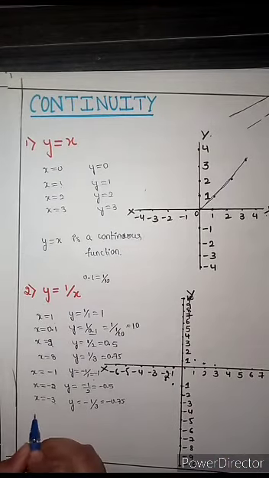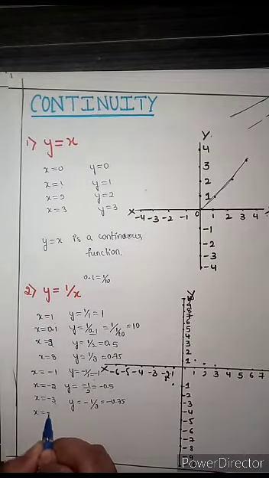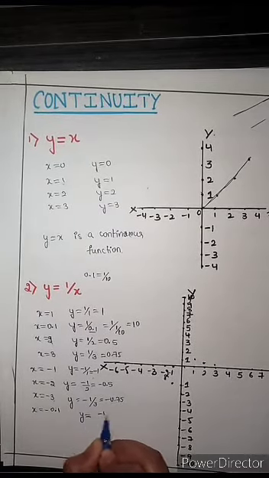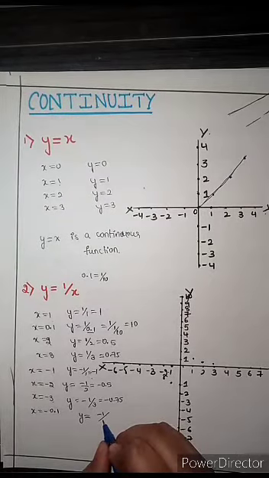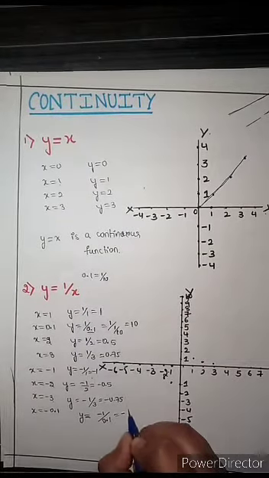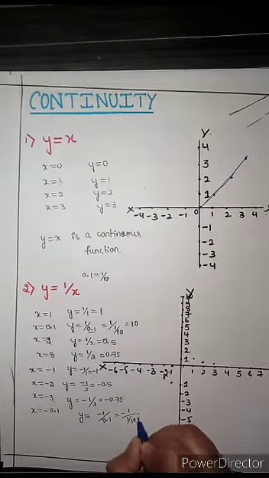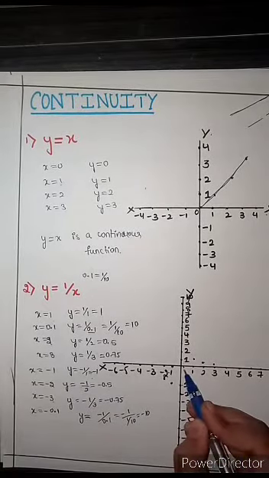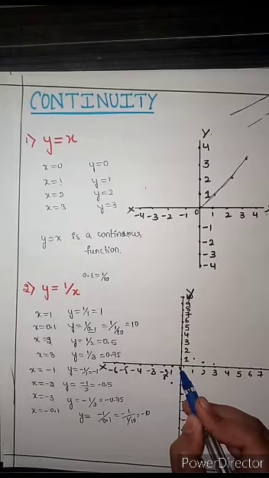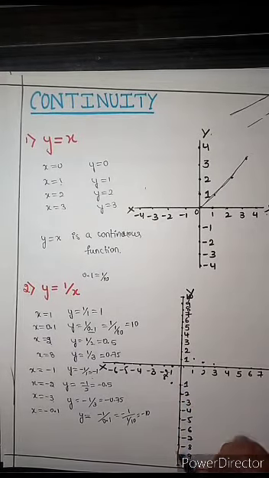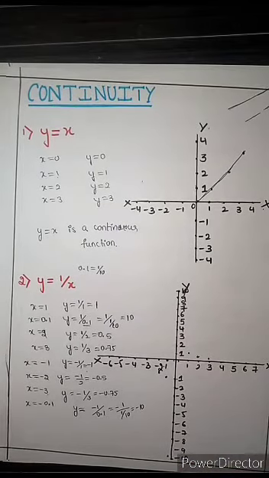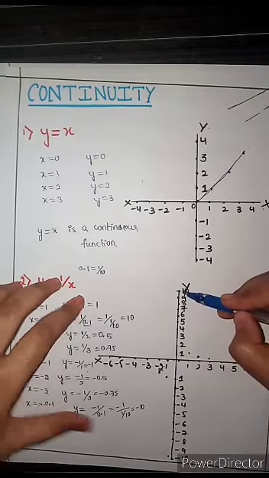Okay, we didn't take -0.1. For -0.1, y = -1/0.1, that is -1 over 1/10, that is -10. If I take -0.1, here it will be, so -10. Okay, now let's try to draw it.